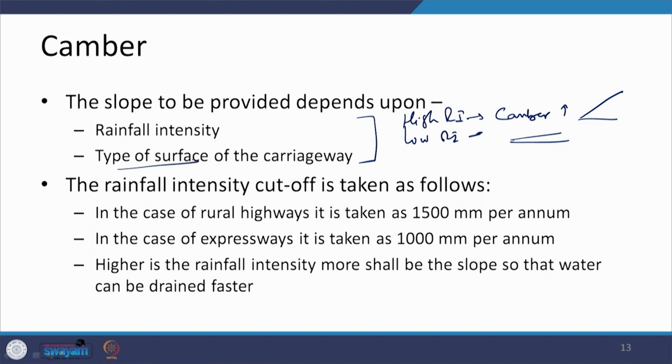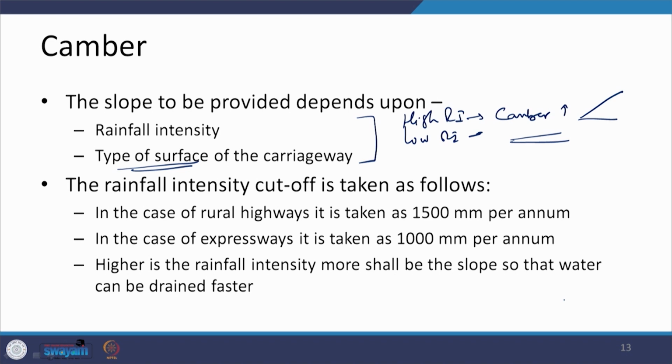Or if you are talking about the quality of the surface of the carriageway, whether it is a bituminous road, a cement concrete road, an earthen road, or a gravel road, that is also going to make a difference, because if it is a good quality, smoother surface, then the water will flow faster. But if it is a gravel road or an earthen road, the water is going to stay there for a longer time, and that is where more slope needs to be provided in those conditions.